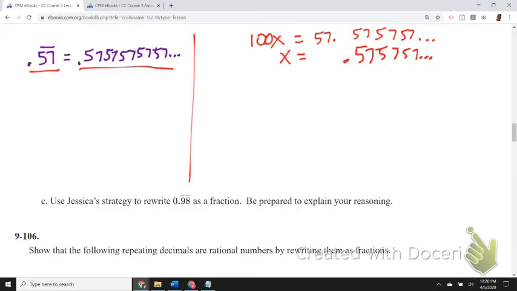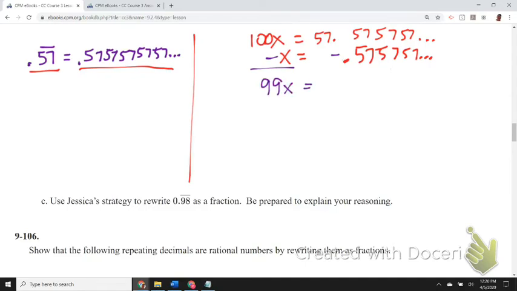And all I did was multiply both by 100. I multiplied the x by 100, and I multiplied 0.5757 by 100. And so now the question is, what would happen if I subtracted? If I subtracted 100x minus 1x, how many x's would I have? Well, I would have 99x.